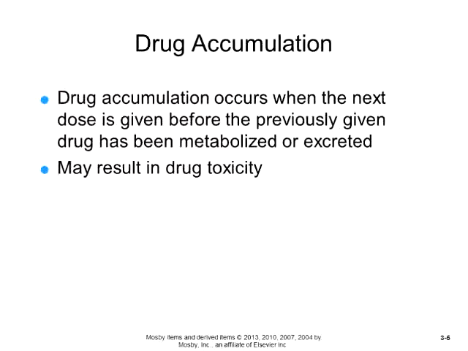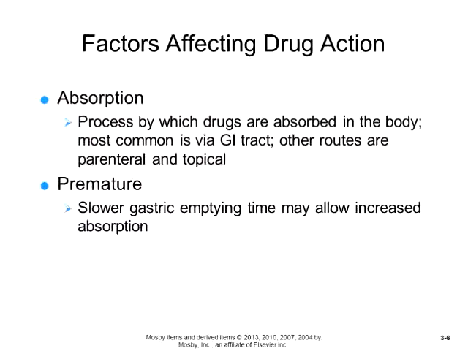Factors that influence drug reactions. We are going to go back over the ADME, because each of these is affected differently. In absorption, remember, this is where the drugs are absorbed in the body, most commonly in the GI tract.